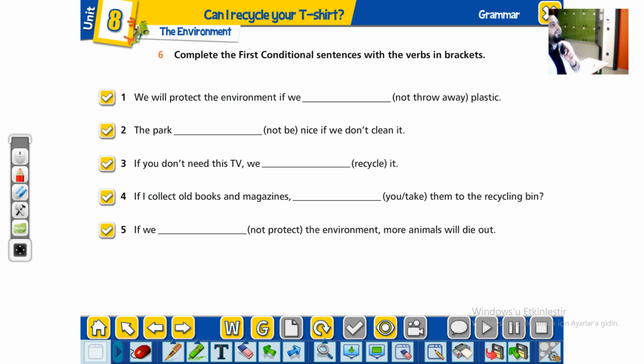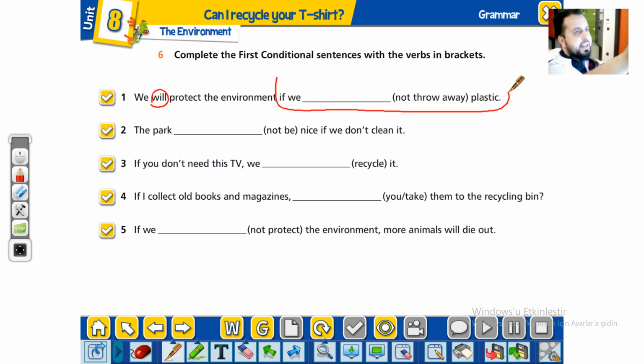Now we are going to complete the sentences according to the first conditional. Let's look at the first one. We will protect the environment. Future simple is used here, so this is our main clause, and the clause after if is our conditional part.